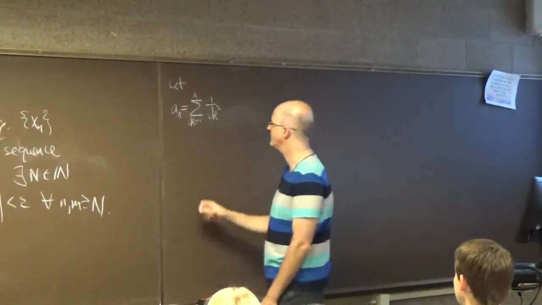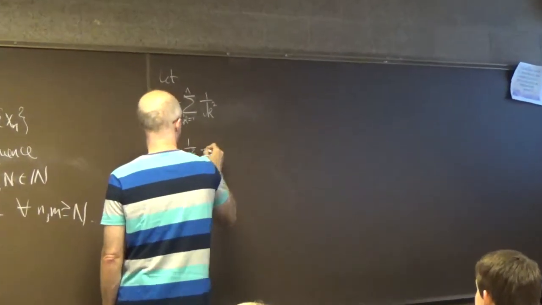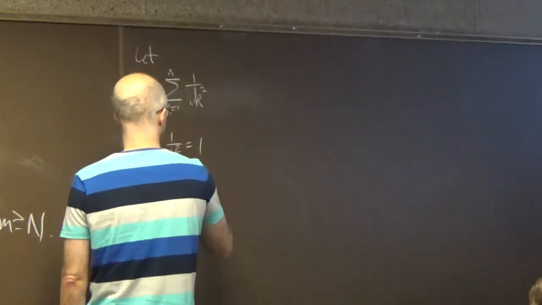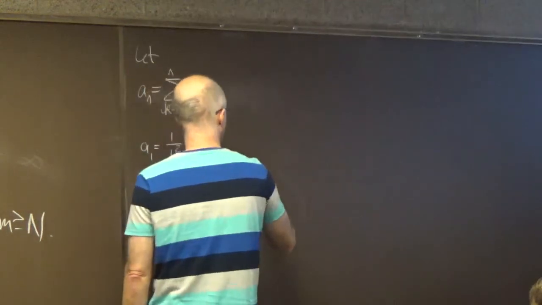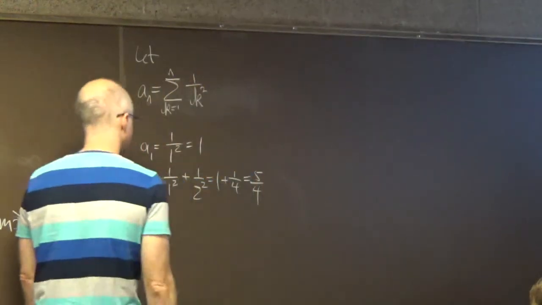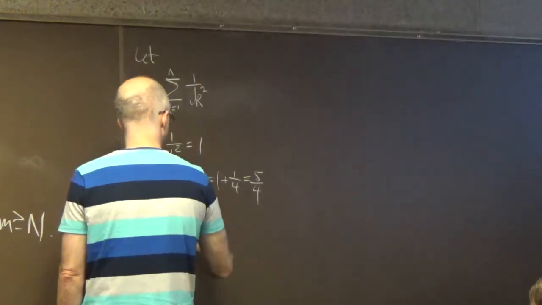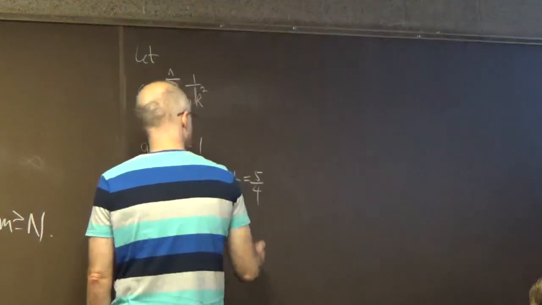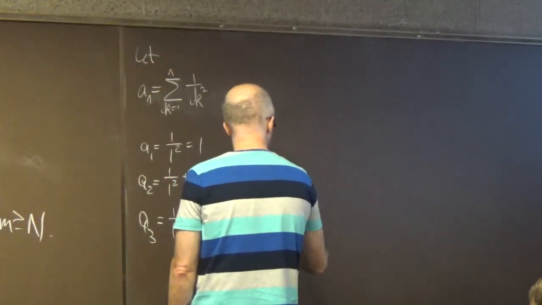Okay, so think about what that means. That means a1 would be 1 over 1 squared, which is 1. a2 would be 1 over 1 squared plus 1 over 2 squared, which is 1 plus 1/4, 5/4. a3 would be 1 over 1 squared plus 1 over 2 squared plus 1 over 3 squared, 1 plus 1/4 plus 1/9.